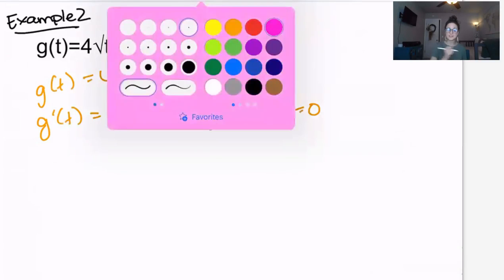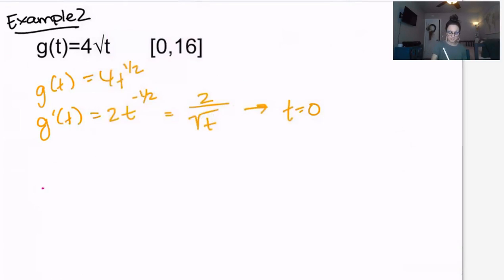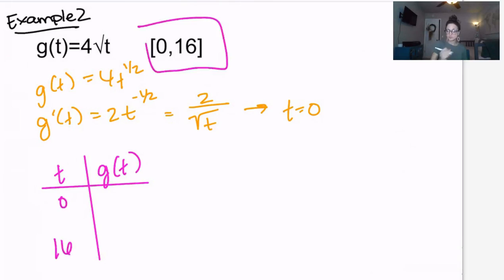Now step 2, I need to make a table. And for that, I'm going to label x, well, actually, we'll do t, and what here? G of t. So include your endpoints, 0 and 16. I don't have any additional critical points I need to check, which means that this function must always be increasing or decreasing on its interval.